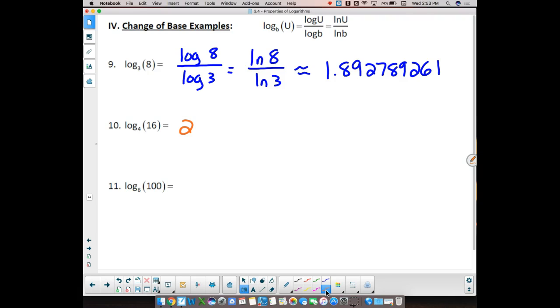Log base 6 of 100, I get 2.5702. Okay? Make sure you watch the flip video before you come to class tomorrow.